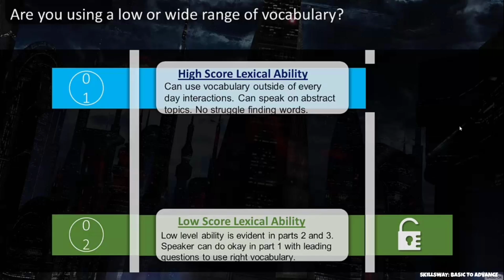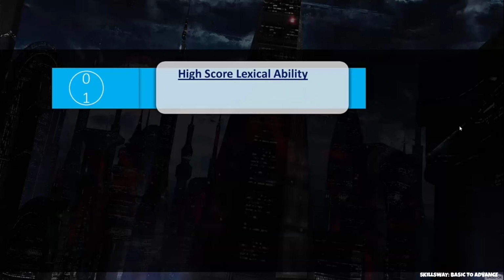With low-level students, this ability is really evident in parts 2 and 3. Most people can get by in part number 1 because it's straightforward questions. But low-level lexical ability really reveals itself in parts 2 and 3. That's why I've told you, part number 2 is really what sets the mark.